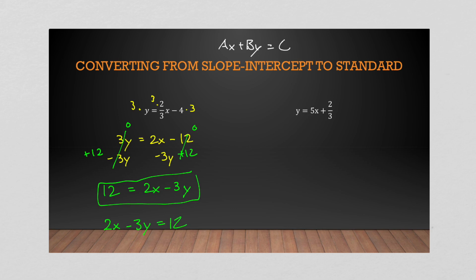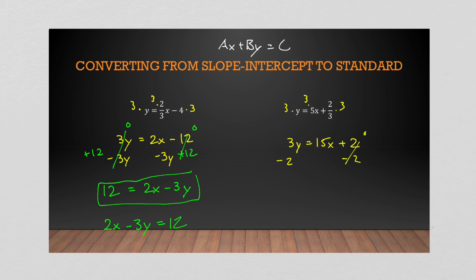Be okay with that. And now our last one, I don't want fractions, so I'm going to multiply everything by 3. And I get 3y equals 15x plus 2. And again, this is positive already. So let's move the other things. So minus 2 gives me 0 minus 2.